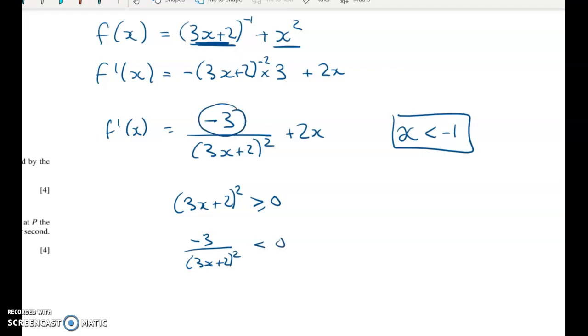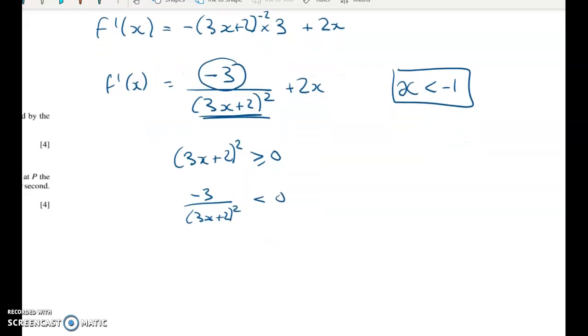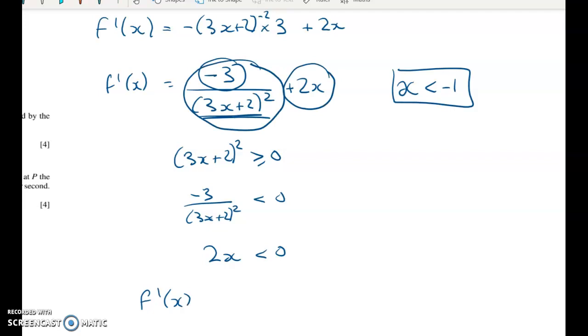Because it's a negative number over a positive number. And we also know that 2x is going to be negative. So that means that f dash of x is made up of one negative number plus another negative number. So f dash of x is less than 0, which means that the function is decreasing.